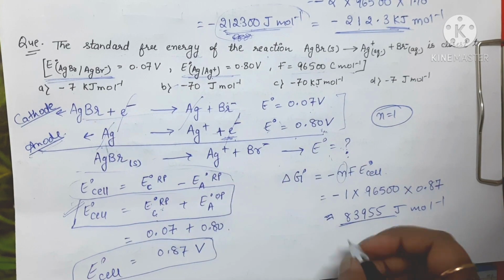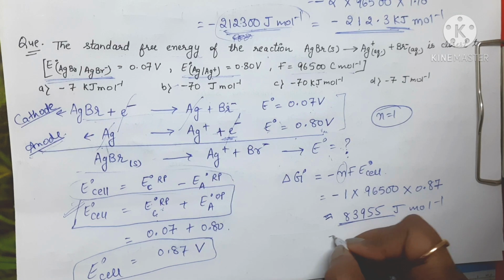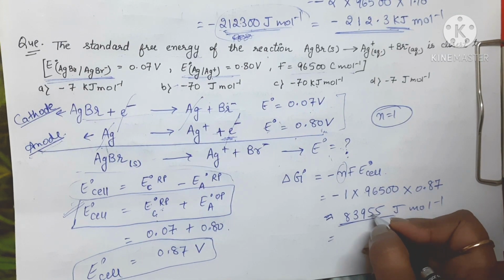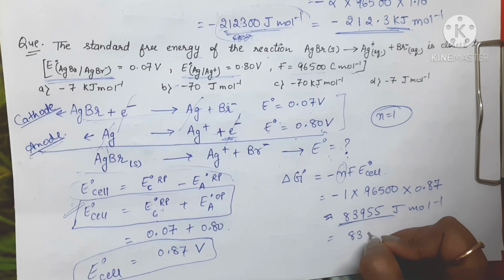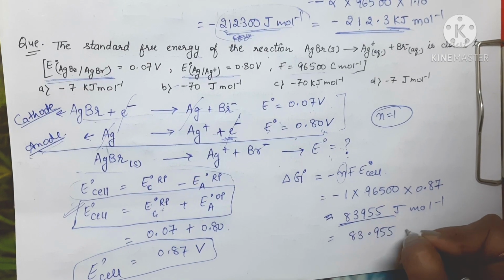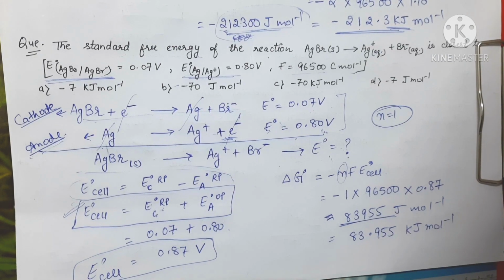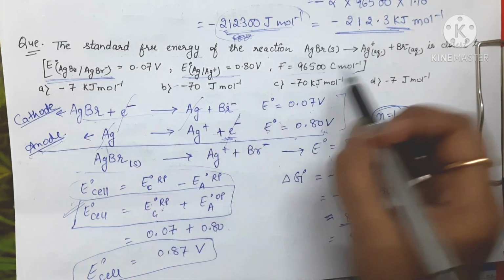So we'll try and convert this into kilojoules. How can we do that? By dividing by 1000, right? So what we will get is 83.955 kilojoules per mole.